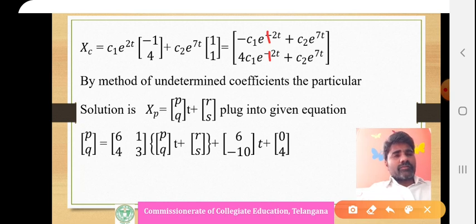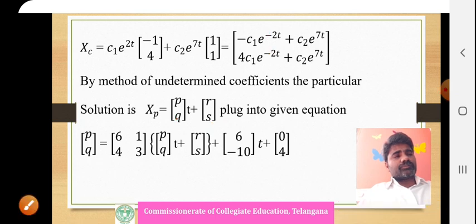Here a and b are vectors. So the vector (p, q) times t plus a constant vector (r, s) is the particular solution to the given system by the method of undetermined coefficients.